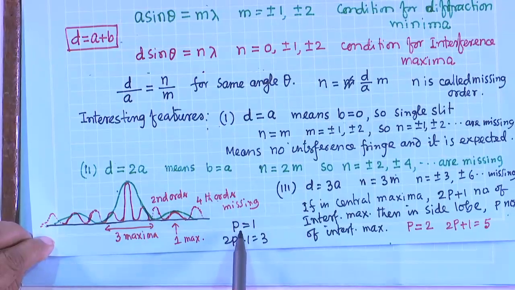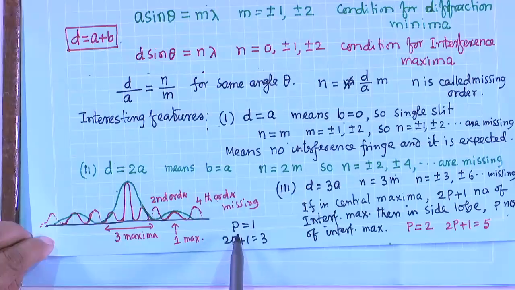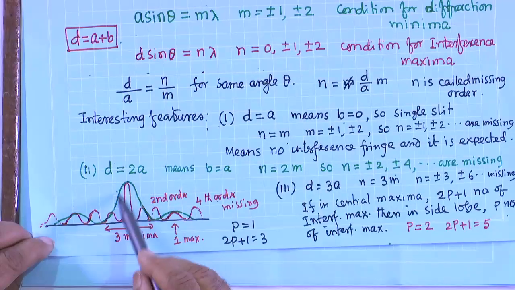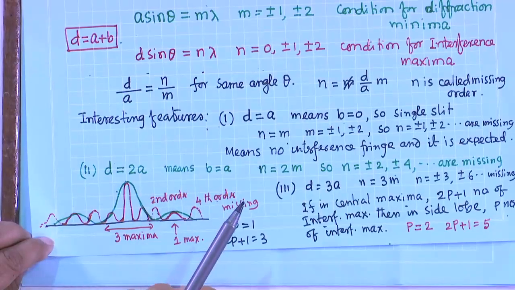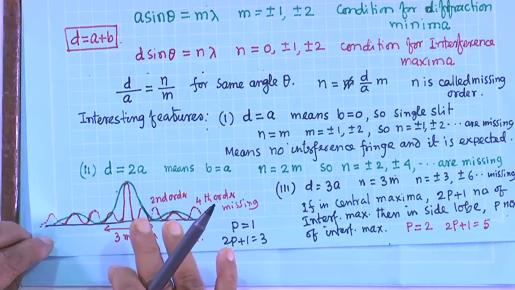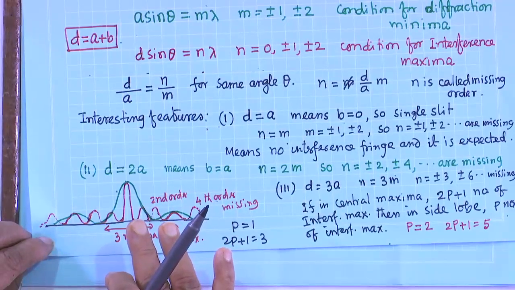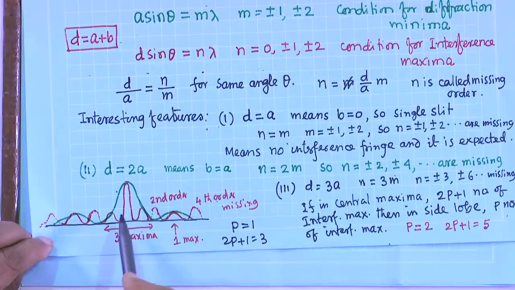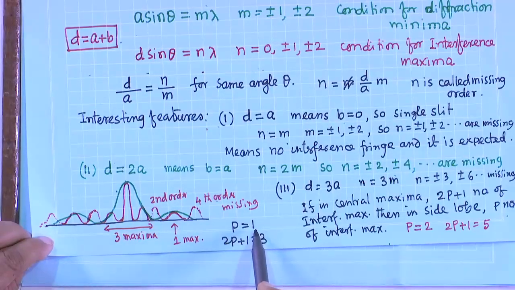So, that is why we say that if there are three interference maxima in the central diffraction maxima, then inside each side lobe there will be 1. Okay.